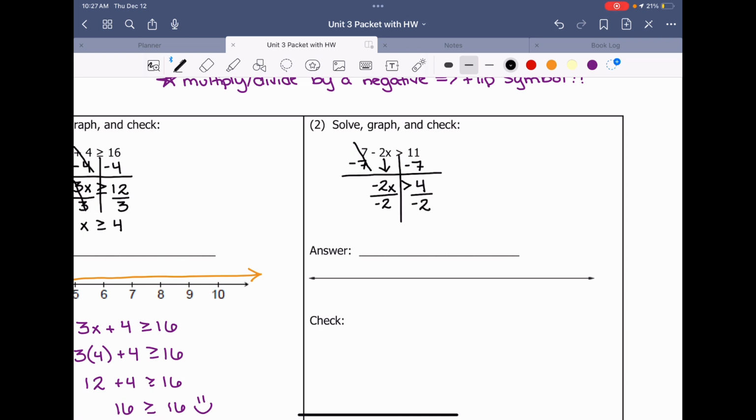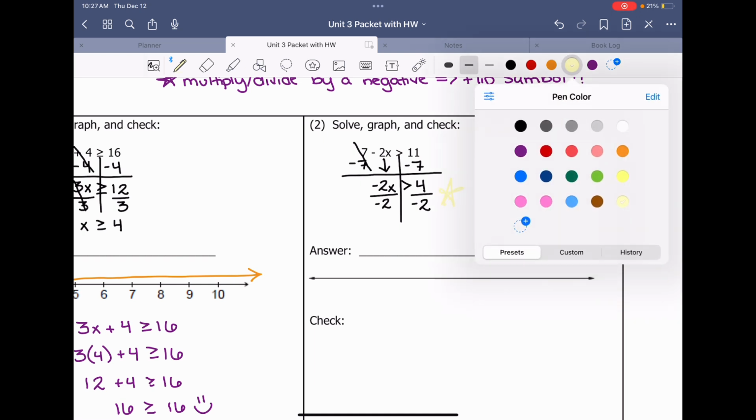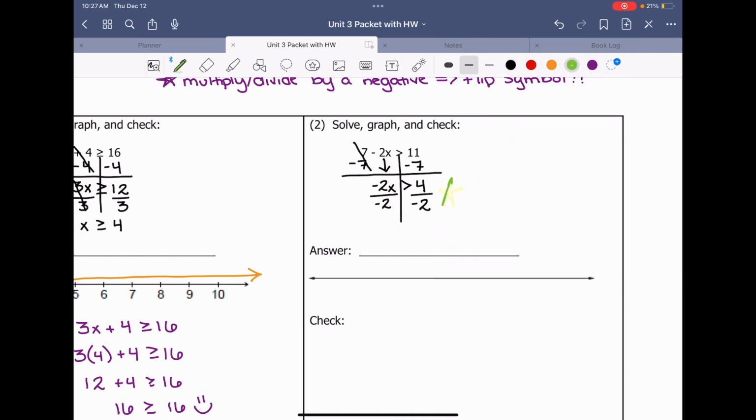Now hold up. We have a very important note here. We have divided by a negative. So that means we have to flip our symbol. So we should get x is less than negative 2.